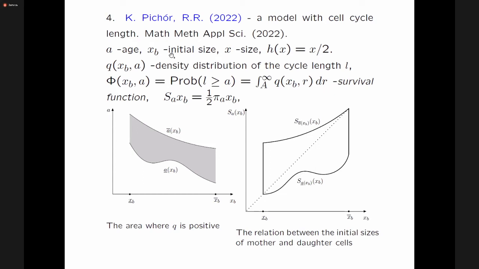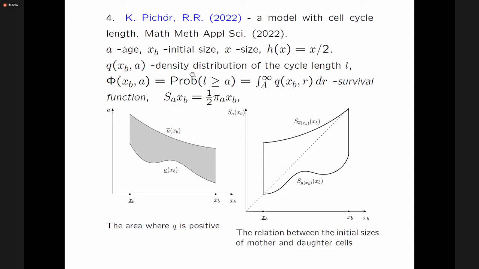In this model, x is the size of the cell. After division, if x is the size of the mother cell, the size of the daughter cell is half of the size of the mother cell. The function Q, which depends on the initial size of the cell, describes the density distribution of the cell cycle length.